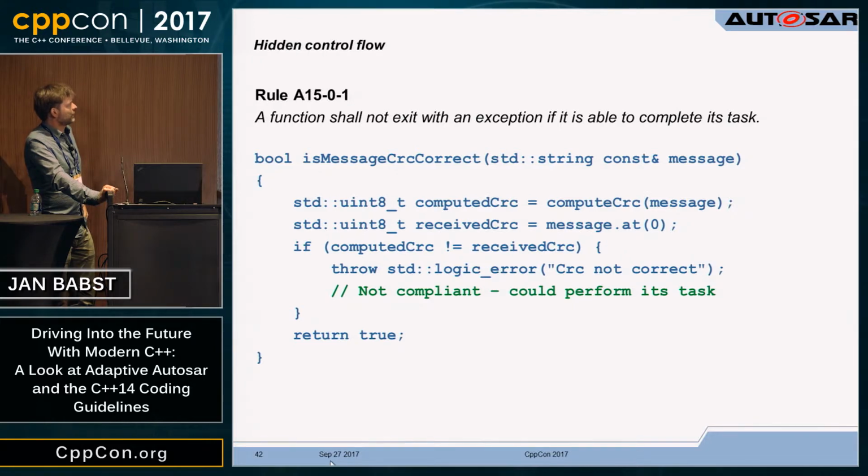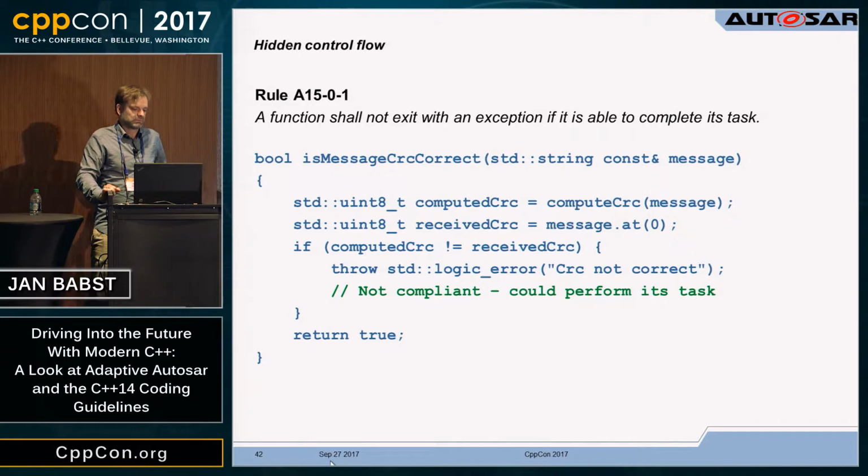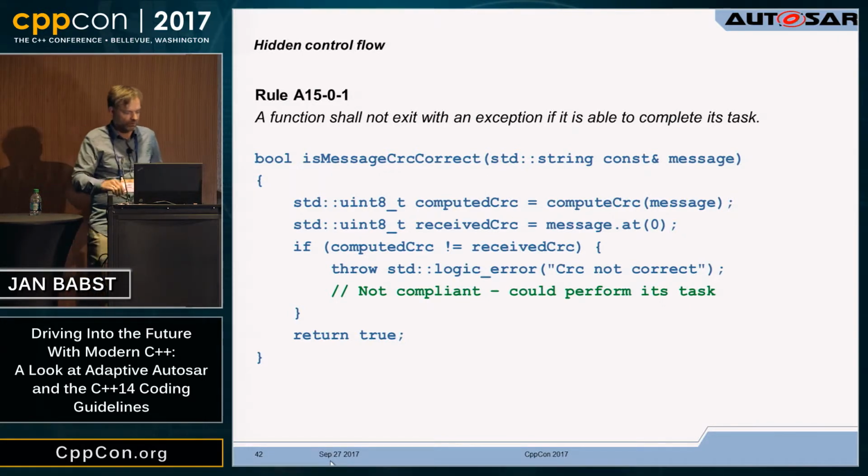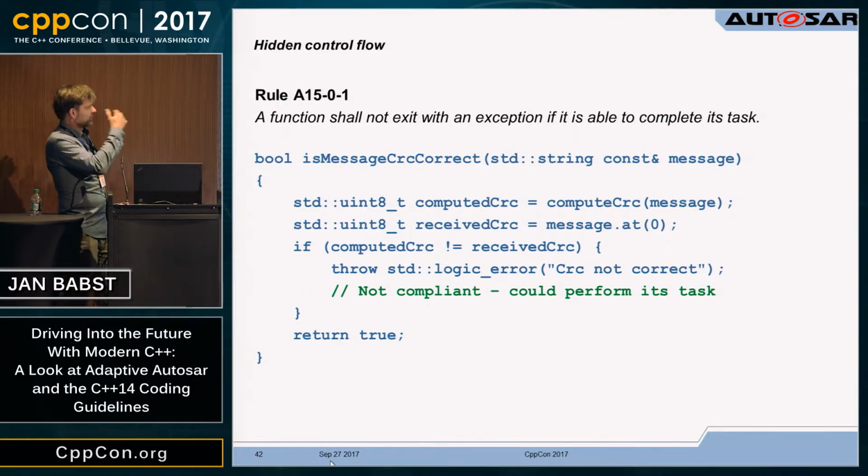We say a function shall not exit with an exception if it's able to complete its task. So that's another way of saying don't use it for control flow. In this example, there's a function which computes a CRC from a message, and it computes the result, it completes its task, so it should not throw an exception.